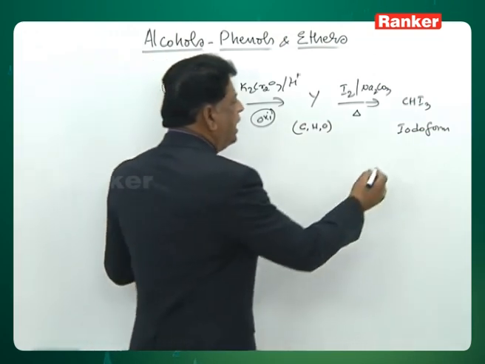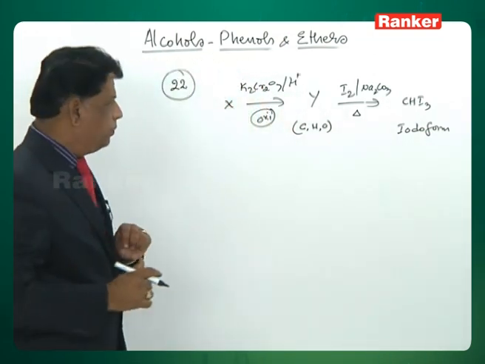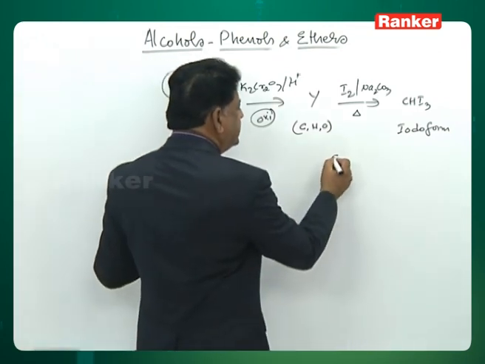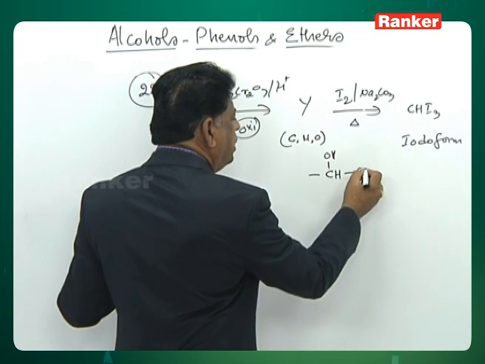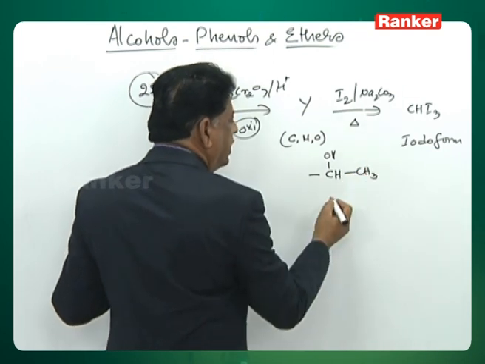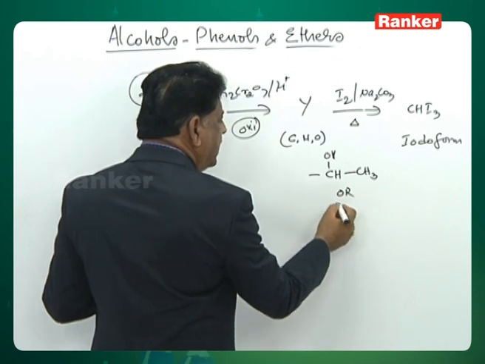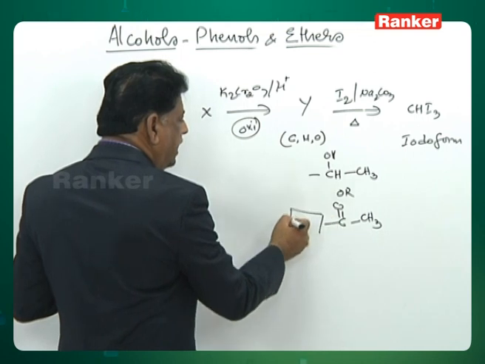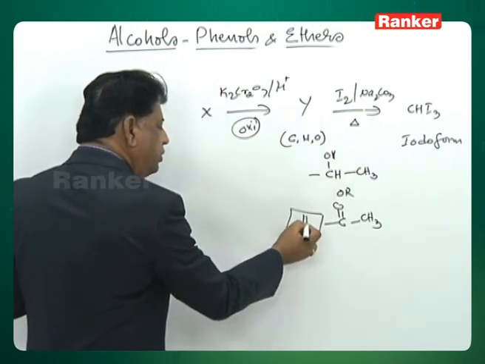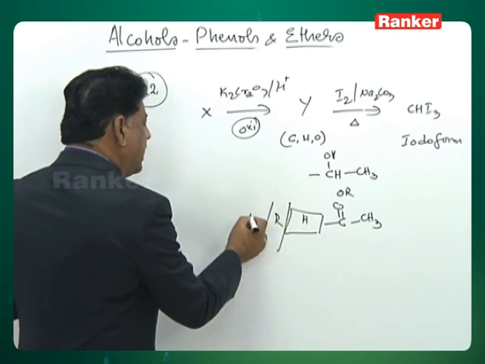To get iodoform, only two types of compounds will give it. In the case of alcohols, the alcohol must have this type of function, then only you will get iodoform. Or if it is a carbonyl compound, it must have this type of function. On this side you can have hydrogen, an alkyl group, or an aromatic group.